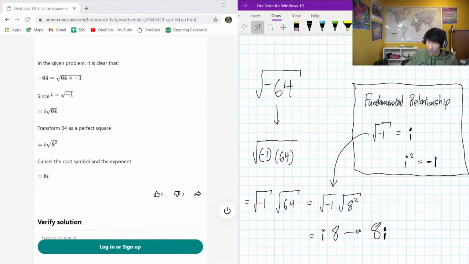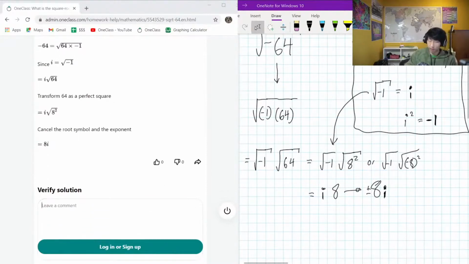It would be more formal to say this is actually plus minus, because really what it could be is negative 1 under the root of negative 8 squared. So because of that, we want to incorporate the plus minus. It's not always super important, but sometimes if you get inconsistencies, that could be a reason why.